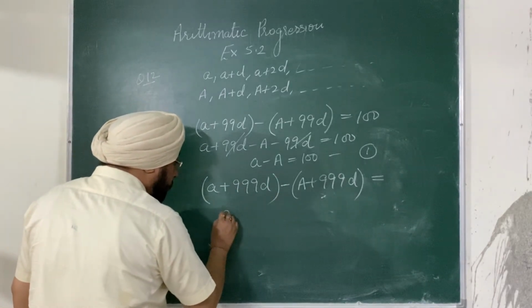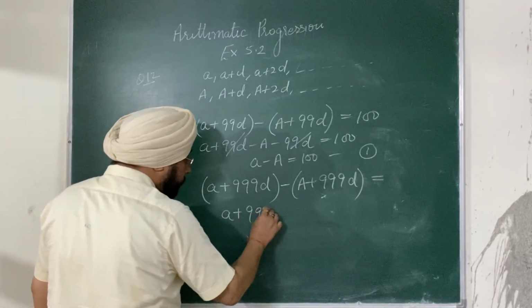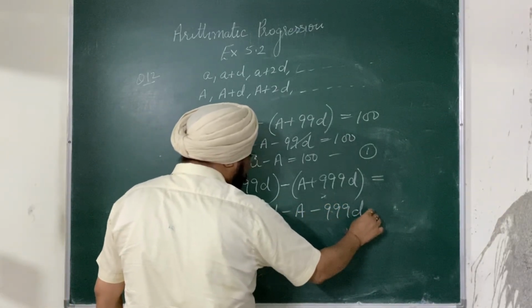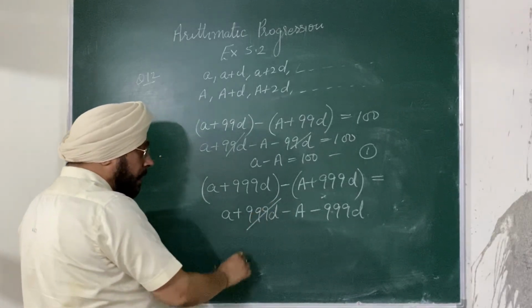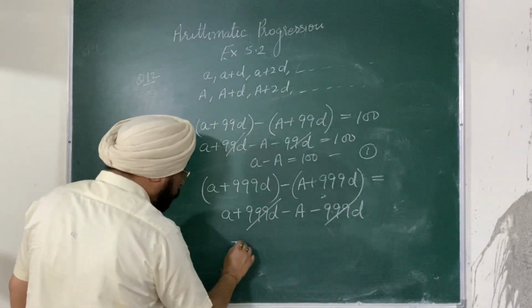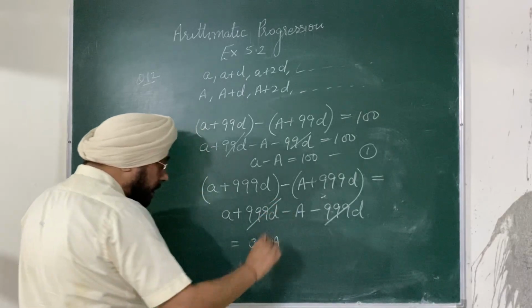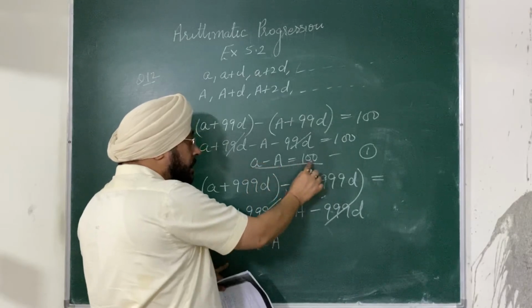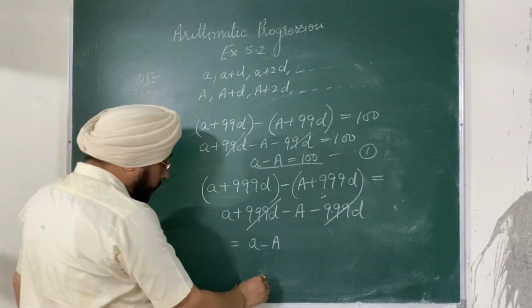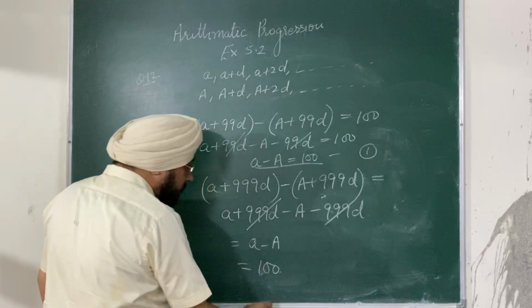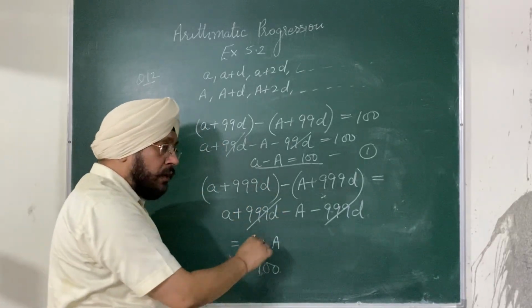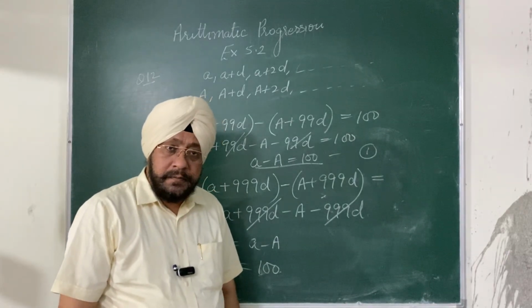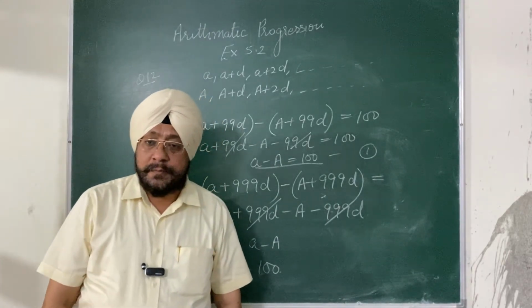When we open it, the sign will be changed, so clearly 999d is cancelled. We are left with a minus A. From equation number 1, we can clearly see a minus A equals 100. So the difference between their 1000th terms will also be equal to 100. So this is question number 12. Let's go to question number 13.